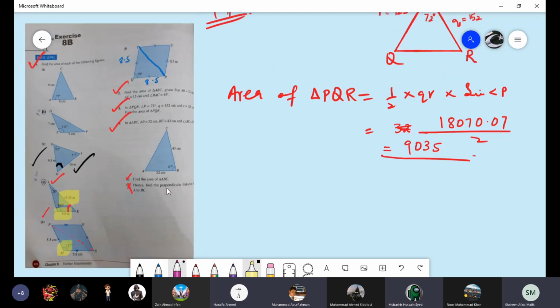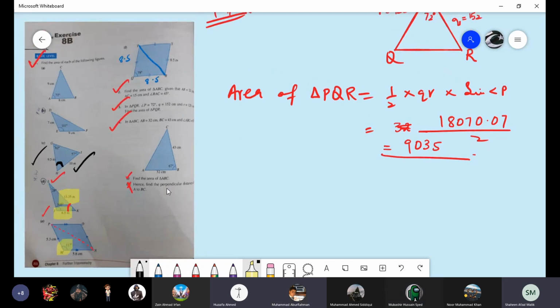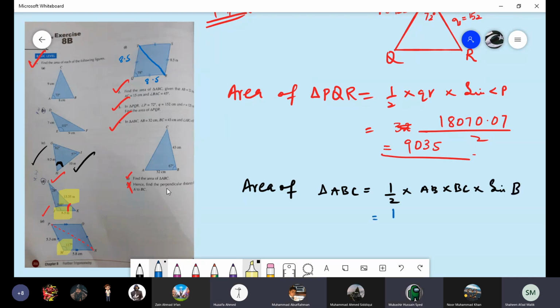Area of triangle ABC is equal to 1 over 2 multiplied by AB multiplied by BC multiplied by sine B. Substituting, it will be 1 by 2 multiplied by 32 and 43 and sine 67. So the answer will be 633.3. Got the answer? Yes, ma'am.